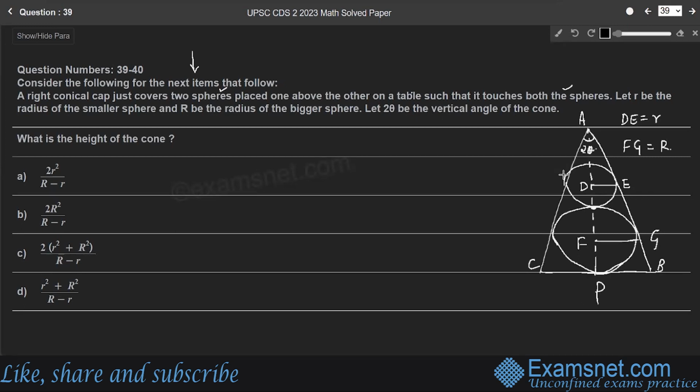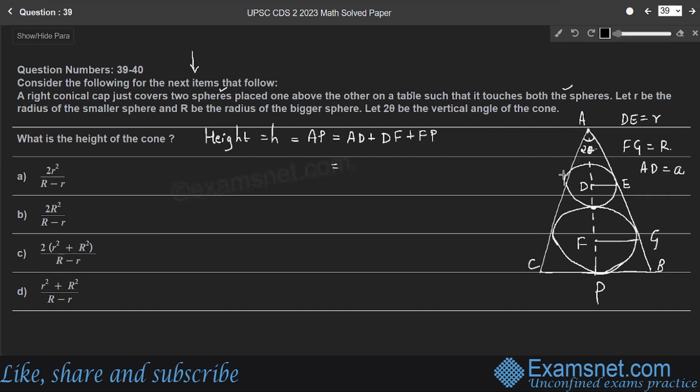What is the height of the cone? So height is AP, right? Height of the cone H, according to the given figure, is AP. So what is AP? The total distance, which is nothing but the sum of AD plus DF plus FP in the given figure. We'll consider AD as a, which is unknown for us.